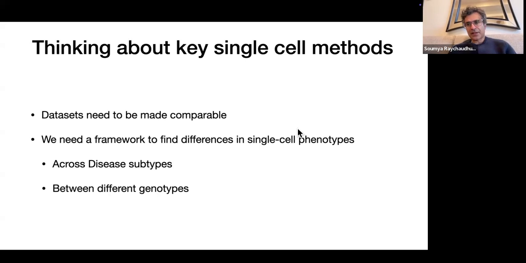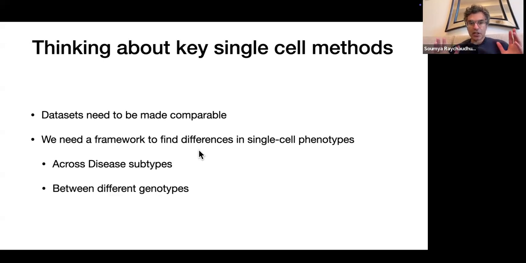So in terms of single cell methods, there's a couple of issues that we've been really thinking about. The first is that data sets, as we obtain them, need to be comparable. So we need good data integration methods to make sure that our single cell data from different individuals can really be compared to each other, can be looked at all together. And then we need to have a framework to find differences in single cell phenotypes.